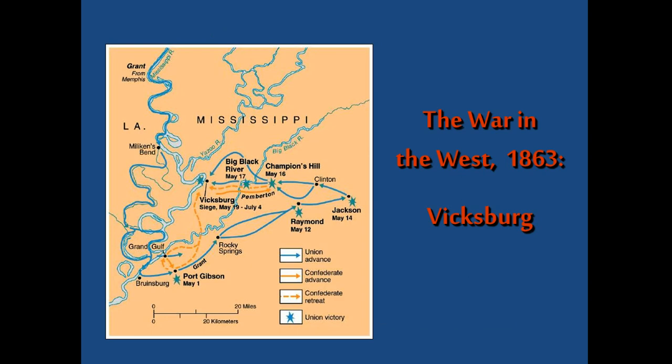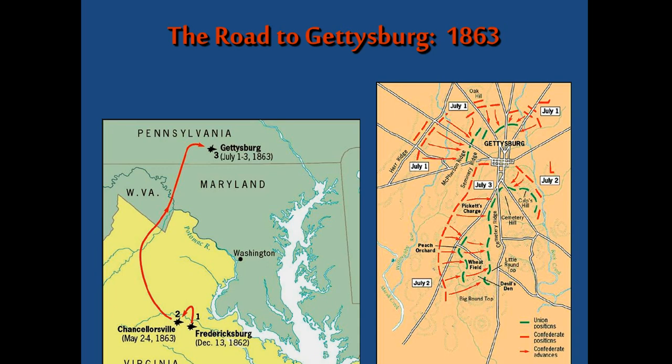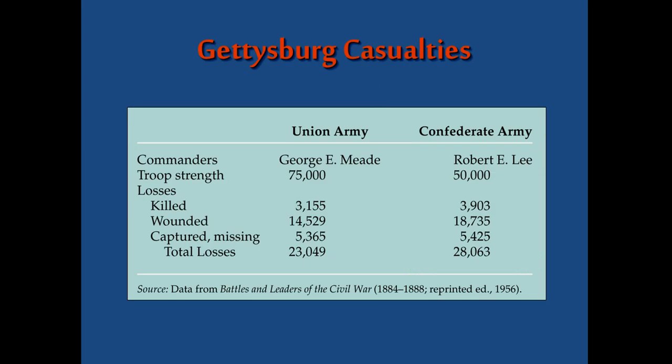The war in the West was decisively won by the Northern Union forces at the Battle of Vicksburg in Mississippi. And the culminating, most important battle that really, I think, broke the back of the South is the Gettysburg battle. And this was a tremendous casualty.